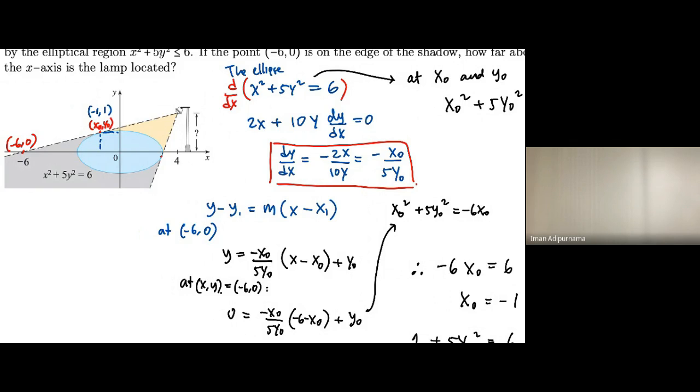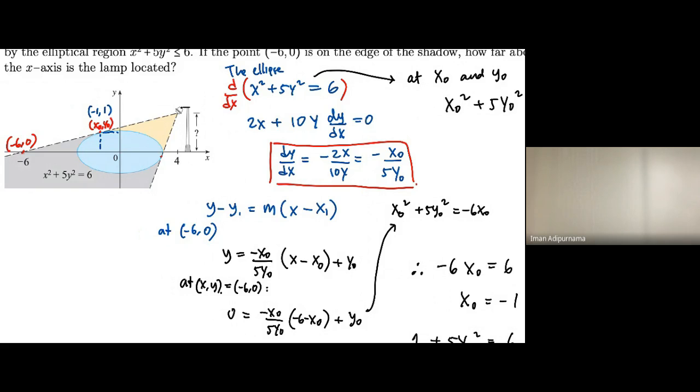If I'm using AB, this is the point that we need to find first. Okay, so first find the derivative. The derivative is the slope, the gradient. This x0, y0 is just my point here that we are going to find.